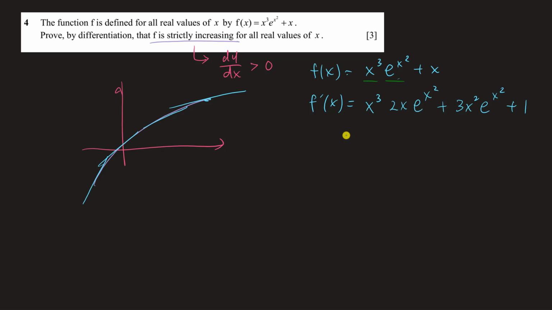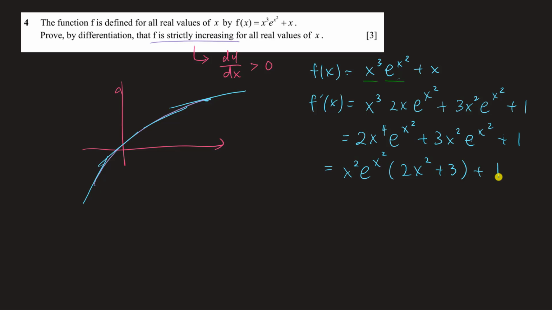Let's clean this up. We actually get 2x⁴e^(x²) plus 3x²e^(x²) plus 1. So if we were to factorize out x²e^(x²), it will leave us with (2x² + 3) and then plus 1.